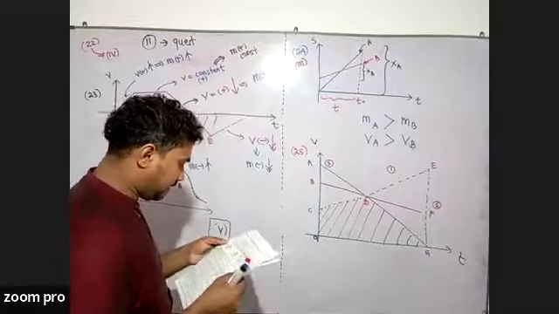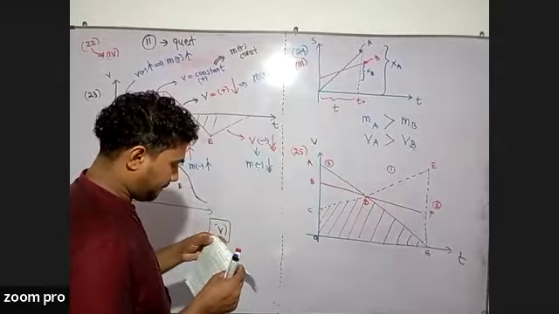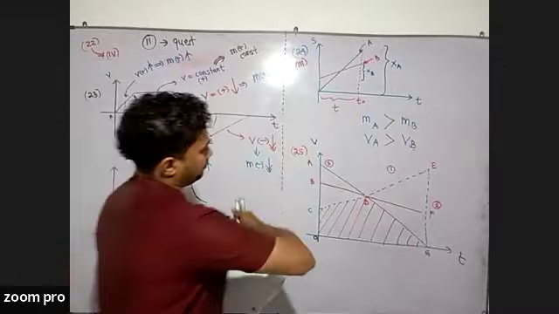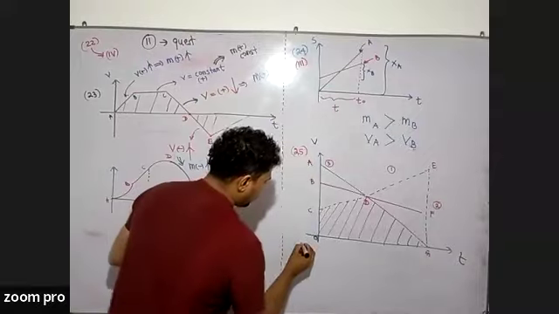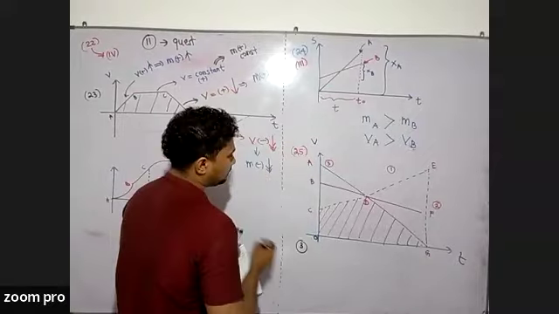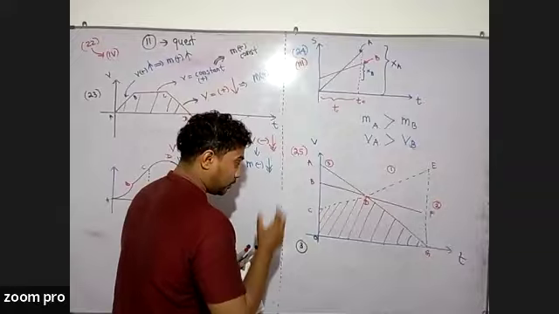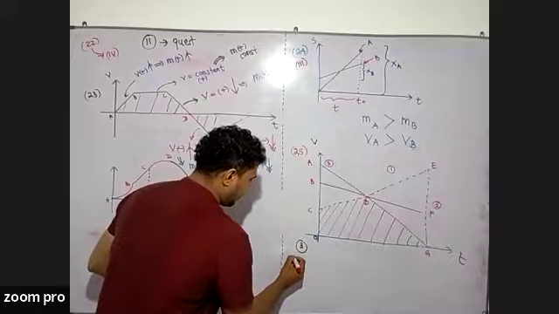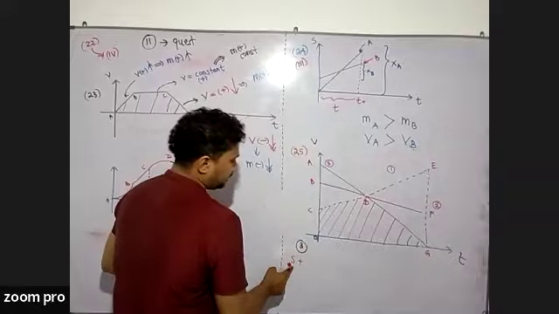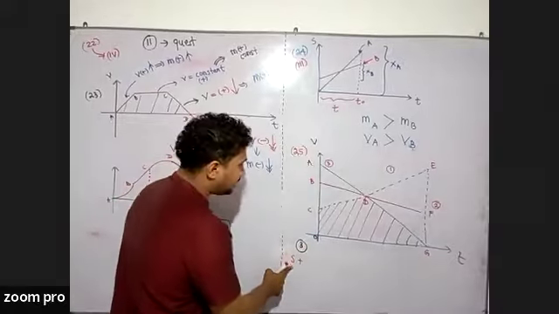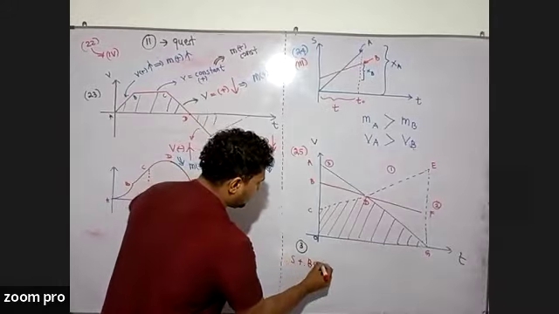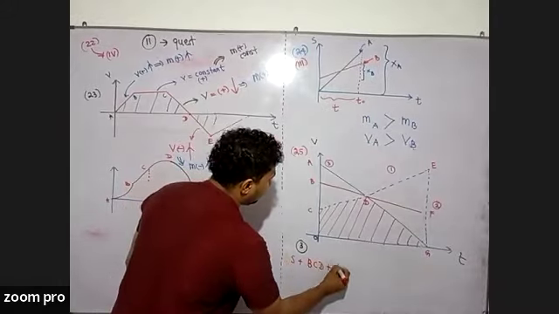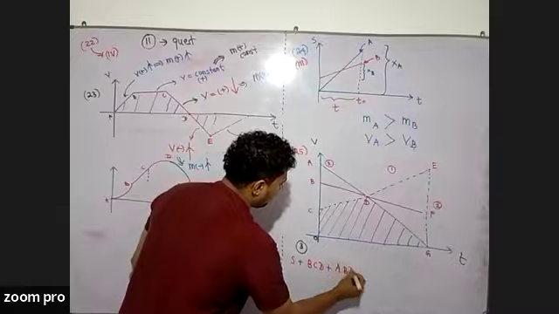So by considering the motion of the third car, it includes the shaded area, which I represent as X, plus BCD plus ABD.